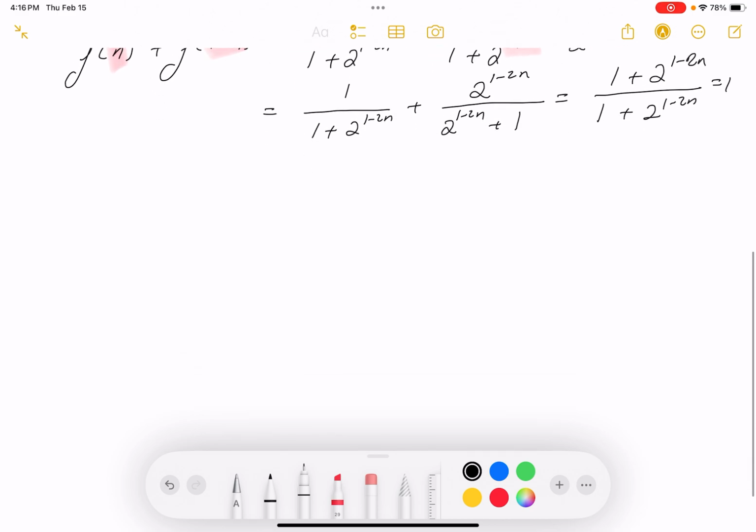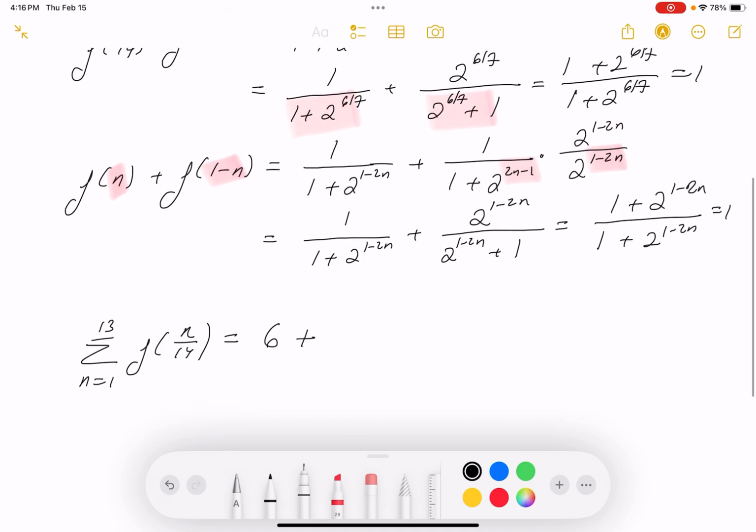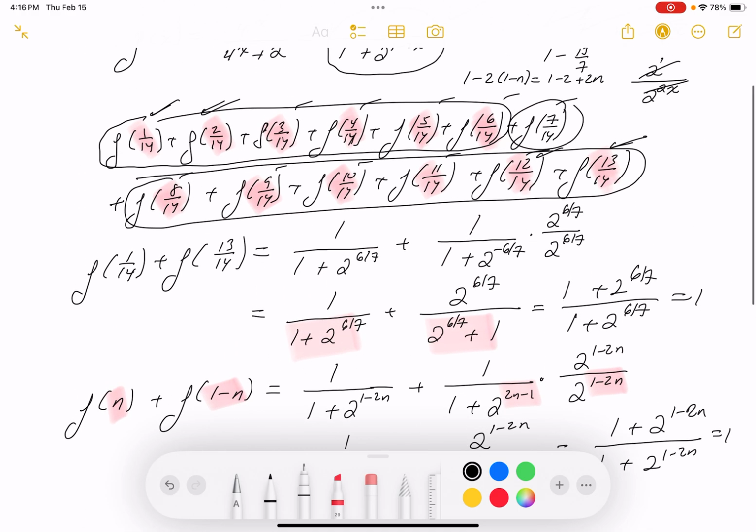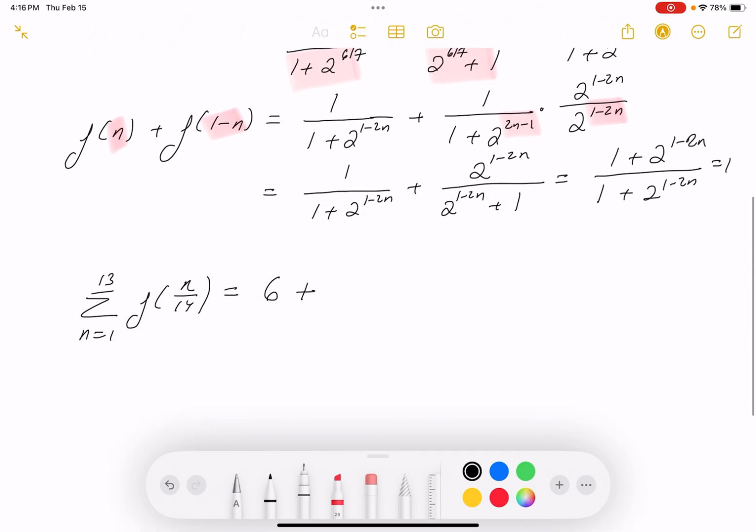So I'm going to say the sum, and let me just write that down again, n equals 1 to 13 of f of n over 14. Well, what did I get? I got the 6 pairs, but I have somebody left over. And who do I have left over? This over here, f of 7/14.